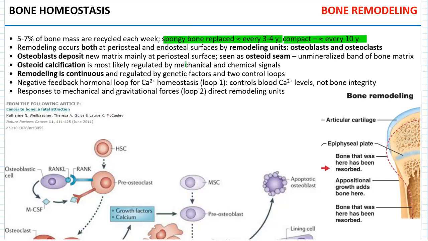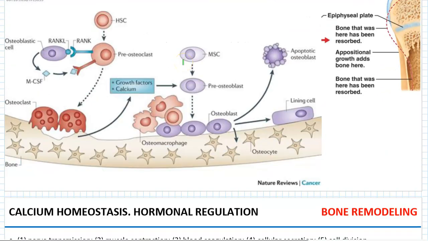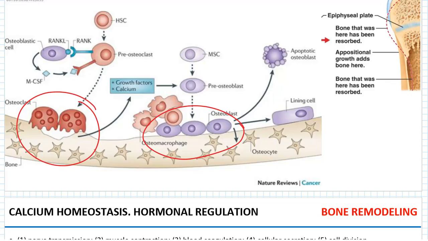So remodeling is done by remodeling units, which are osteoblasts and osteoclasts. You can see that's the best illustration I could find. This is your remodeling unit right here. So you have osteoclasts that destroy the bone, and you have osteoblasts that deposit the bone. Okay? Make sense? So osteoclasts are your demolition team. Osteoblasts are your construction team.